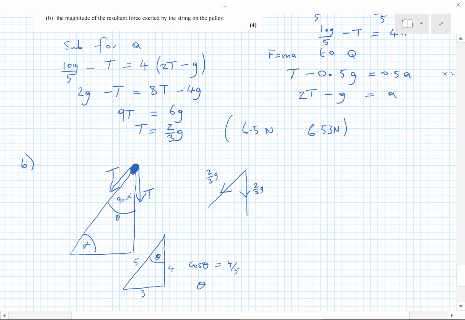Or you could have just taken your original alpha from 90, and that angle works out as 36.9 or something like that.